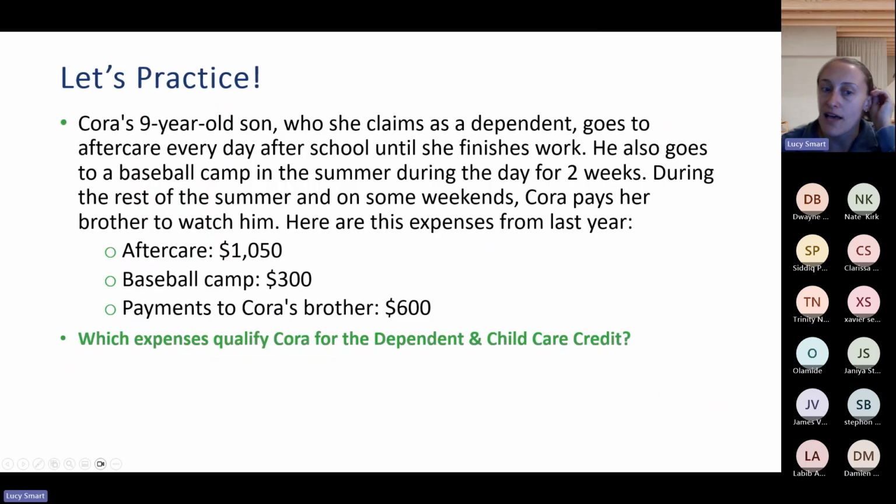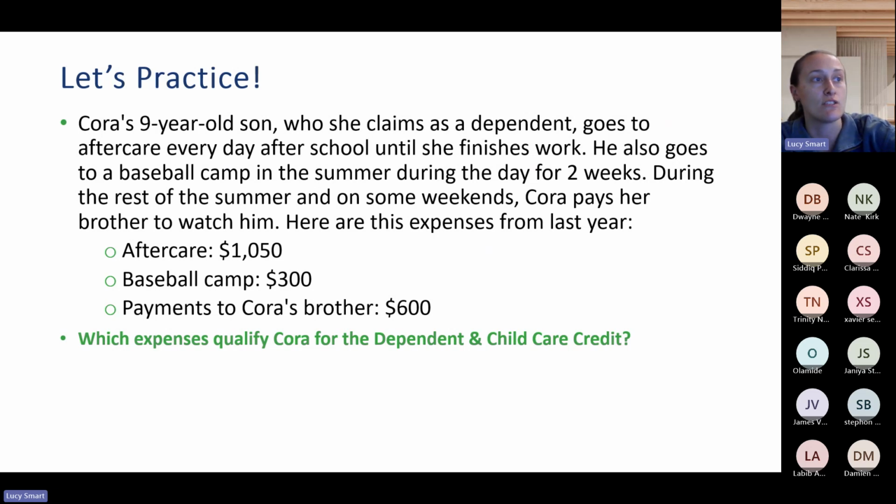All right, time for some of our last practice questions for today. We have Cora, who has a 9-year-old son who she claims as a dependent. The 9-year-old son goes to aftercare every day after school until Cora finishes work. He also goes to baseball camp in the summer during the day for 2 weeks. And during the rest of the summer and on some weekends, Cora pays her own brother, so the kid's uncle, to watch him.